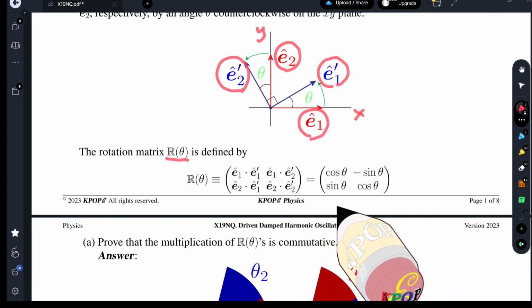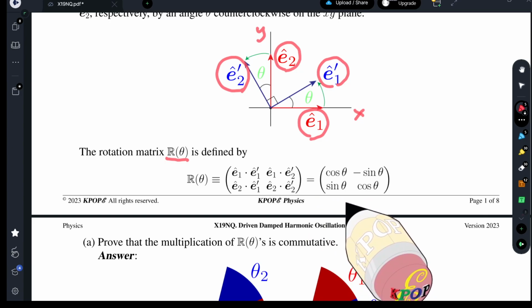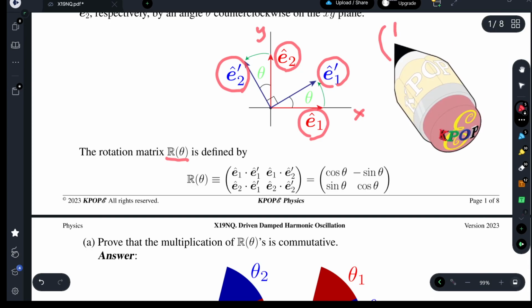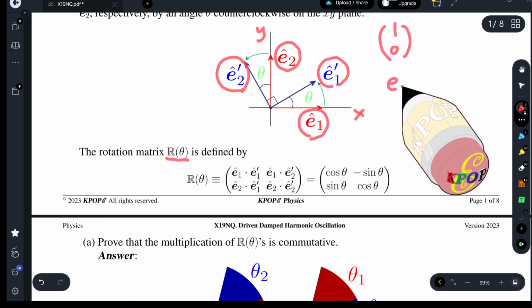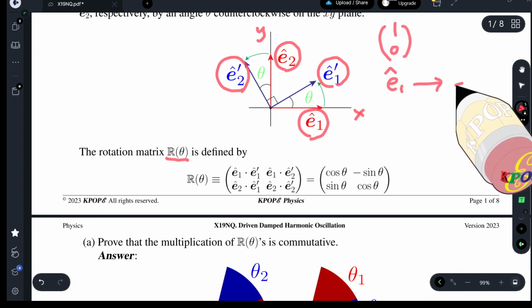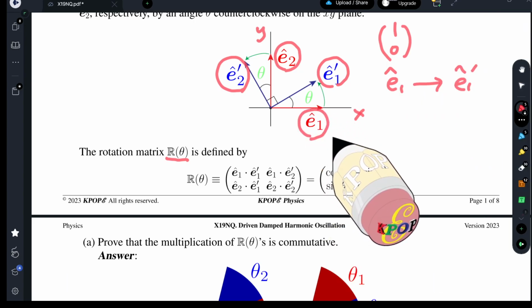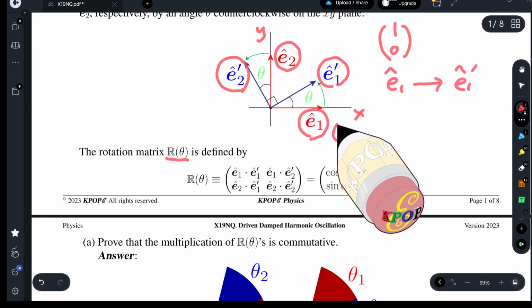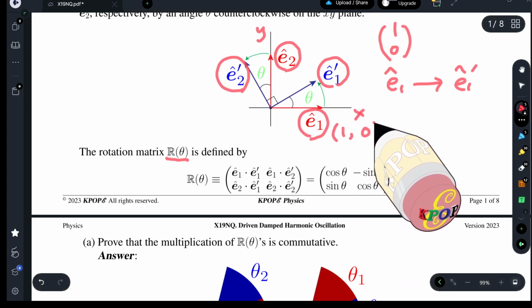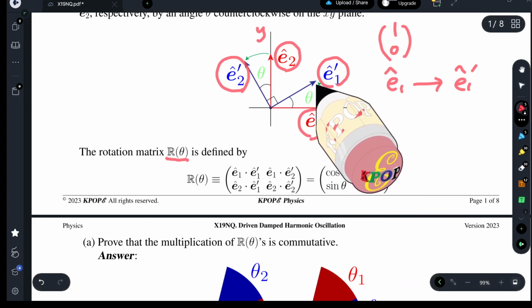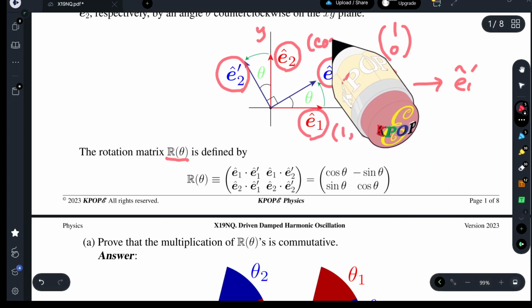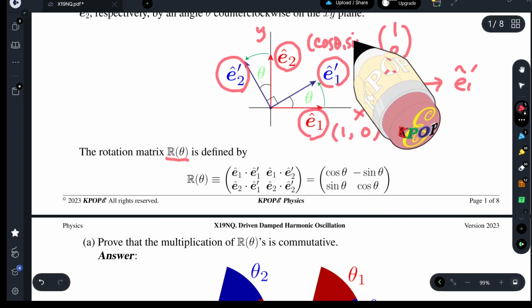Perhaps you have already forgotten how to derive this. The simplest way to derive this is the transformation of E1 to E1 prime. If I rotate this vector, the Cartesian coordinates will be 1, 0, and after rotation it becomes cosine theta and sine theta.